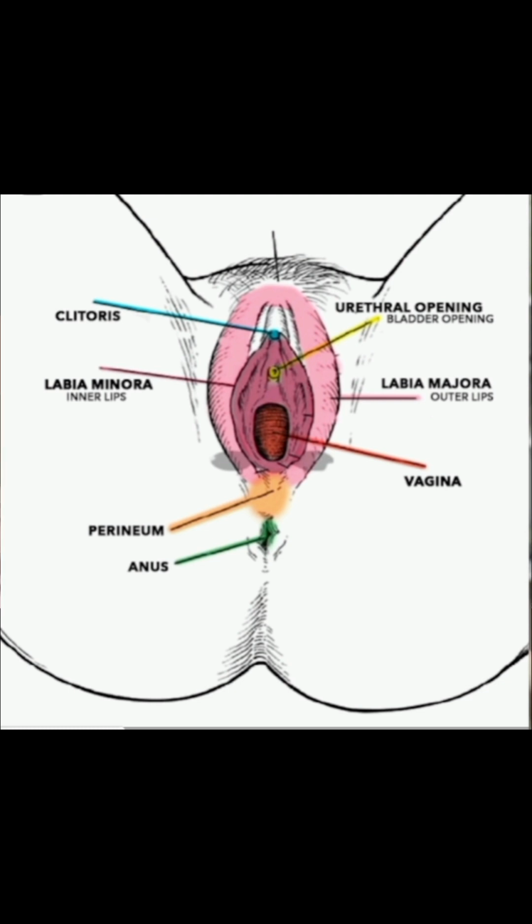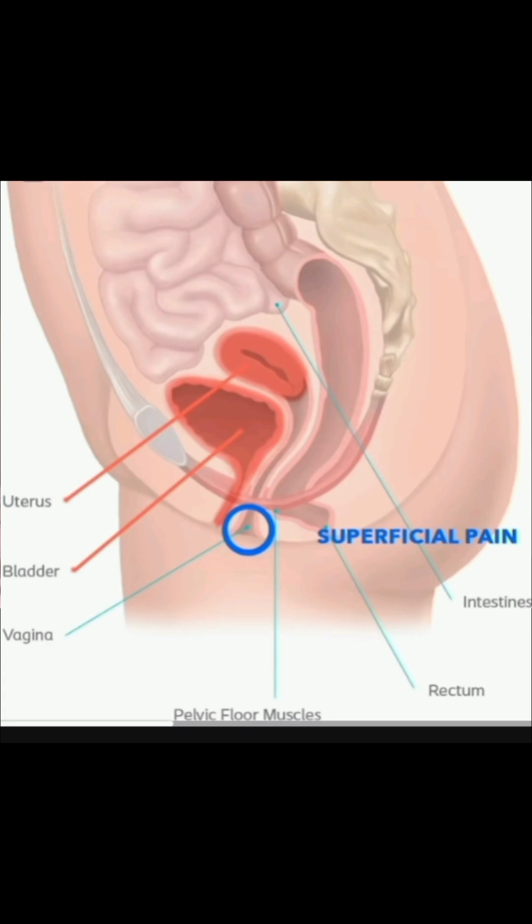So superficial is pain that is at the opening or at the entrance of the vagina, and it's the pain you feel when the penis is just entering the vagina, and it can be a sharp pain, stingy, and it can affect the vagina itself, or the clitoris, or the urethra, or even the labia.